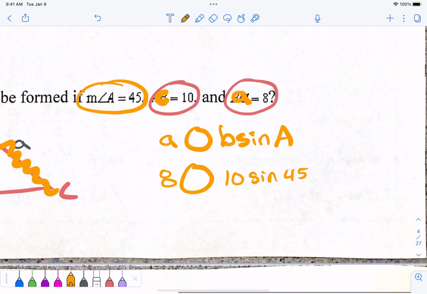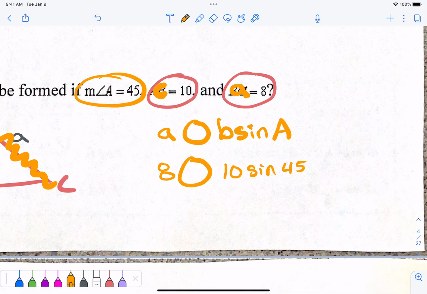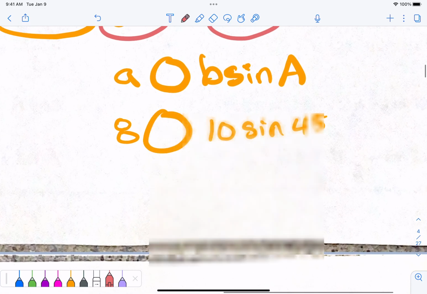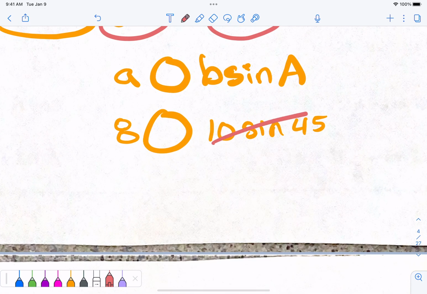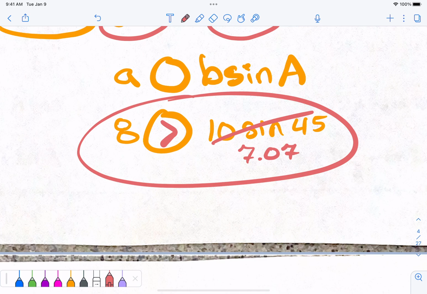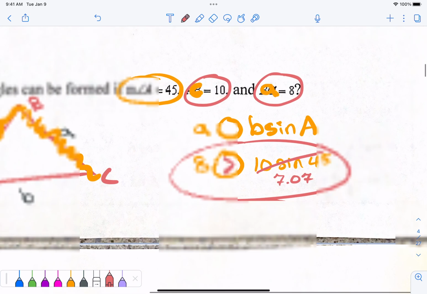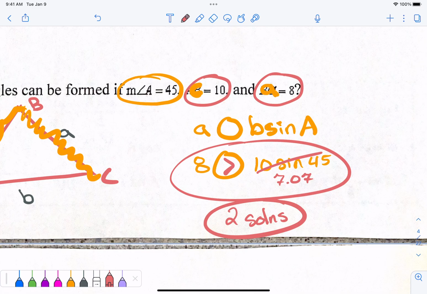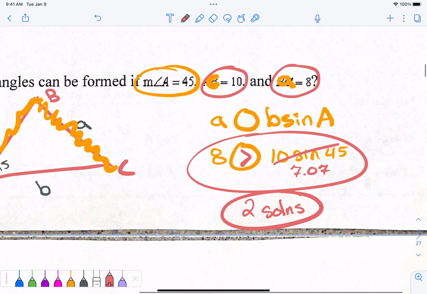Let's compare those. 10 sine 45 is 7.07. So a is bigger. Is that no solutions or two solutions? Two solutions. So that was just another way of saying what each side is, but in a weird way. You had to draw it out to see what that is.